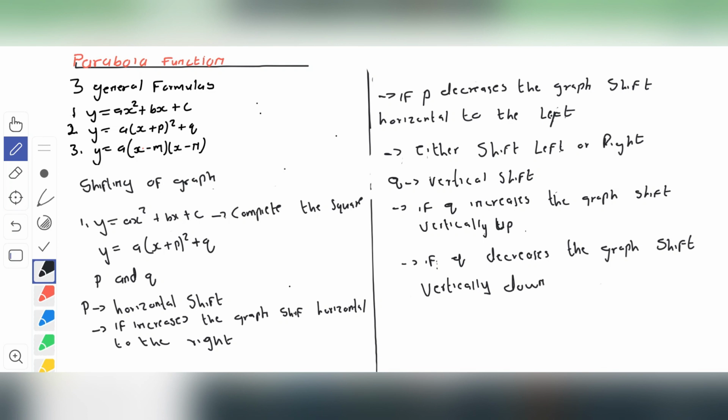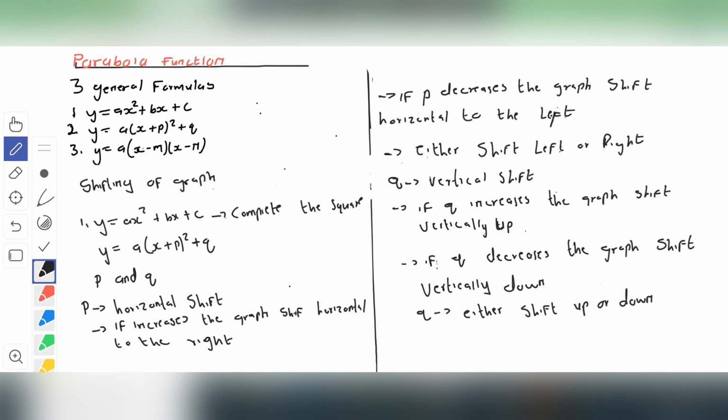So Q is represented by a shift either up or down. Now we are done defining what P is and what Q is.